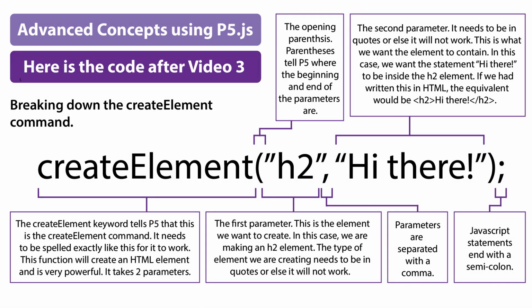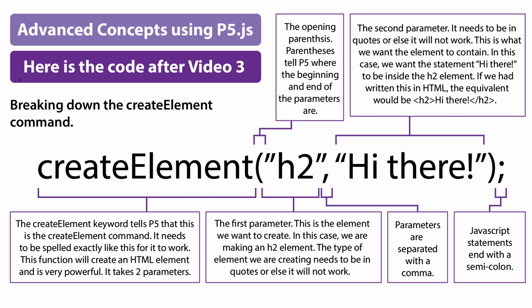Okay, so here we see the breakdown of the create element command. It uses the create element keyword. It's one word and it has to be spelled exactly like this. It's called camel case. Everything's lowercase except for the E, because it's like a different word, but it's all combined into one word basically.